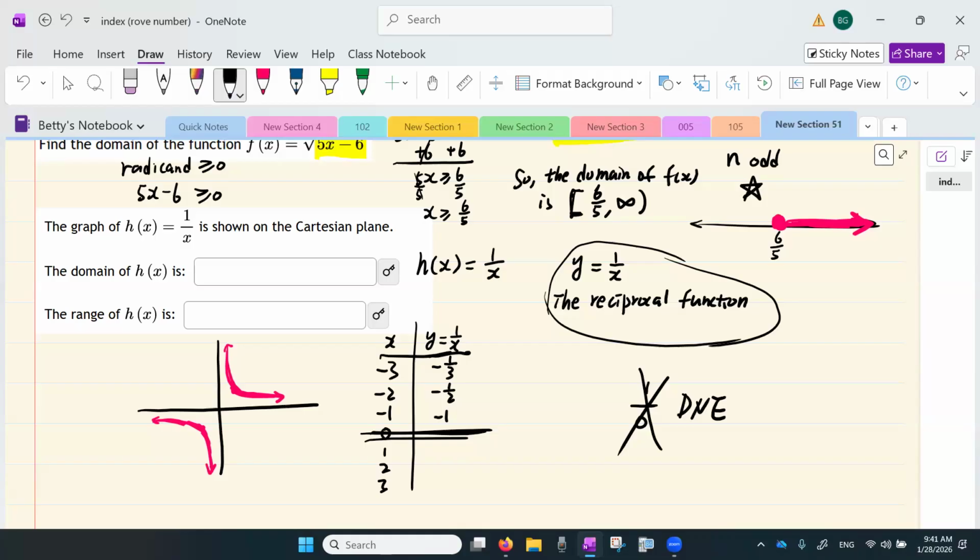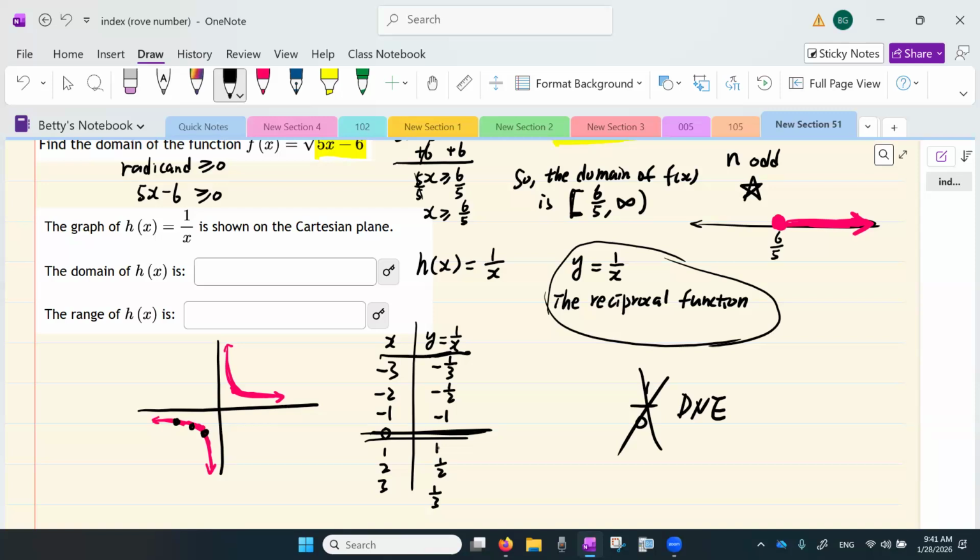Very important. When x equals 1, y is the reciprocal of 1, which is 1. When x equals 2, y is 1/2. When x equals 3, y is 1/3. And then you're going to plot those 6 points, right? (-3, -1/3), (-2, -1/2), (-1, -1).